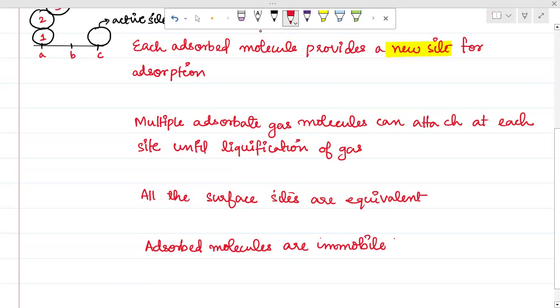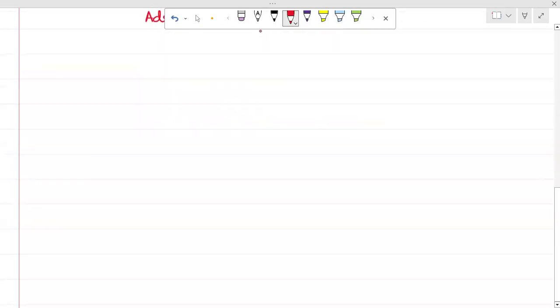Now we need to learn the BET equation. No way out, you have to learn it. And the equation is, I'll compare it with Langmuir so that you can understand.